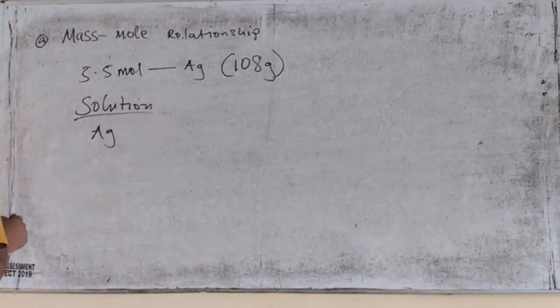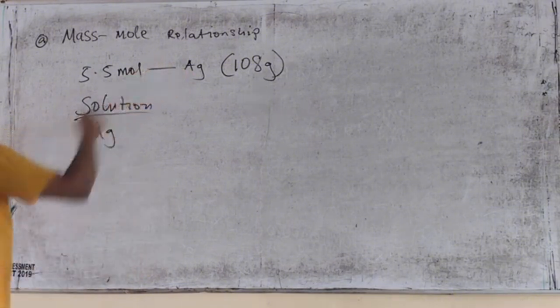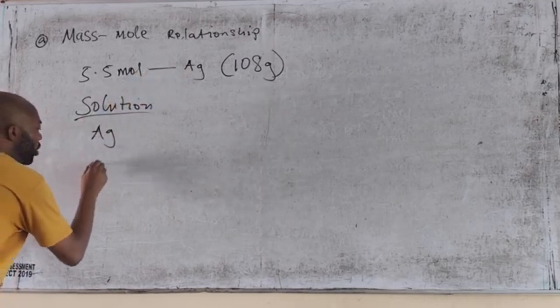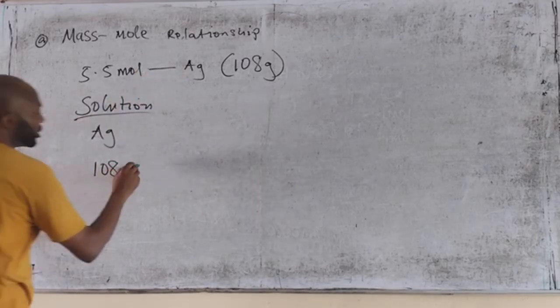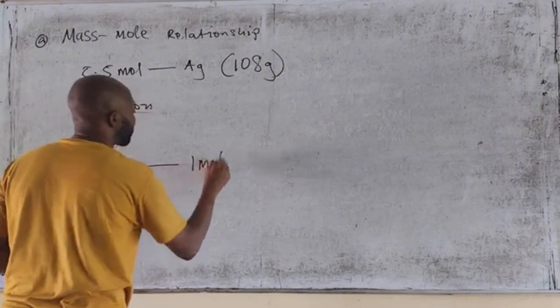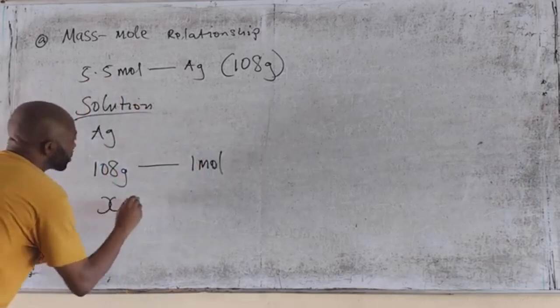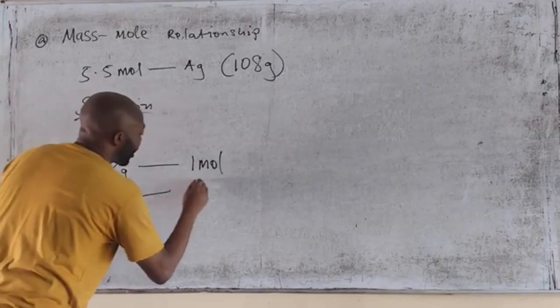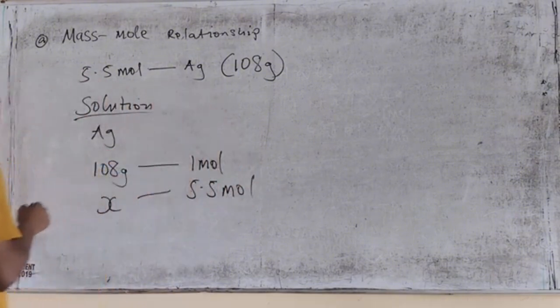Let me establish, remember, mass-mole. Now, 108 grams, which is the mass, is equivalent to how many moles of silver? 1 mole of silver. Now, how many grams will give me 5.5 moles?